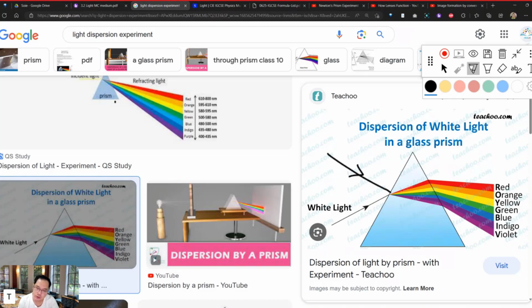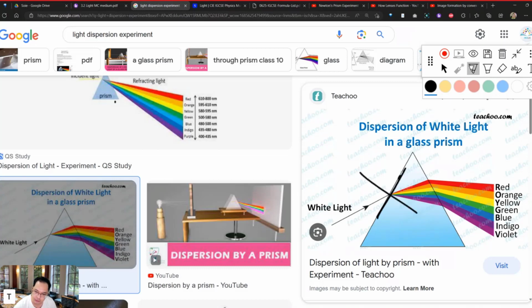Yes. So, okay, you need to compare the direction of the incident ray with the direction of the refracted ray. The point is like this. Firstly, you need to draw a normal line to the surface. This is the surface. Here, the normal line, which is perpendicular to the surface.